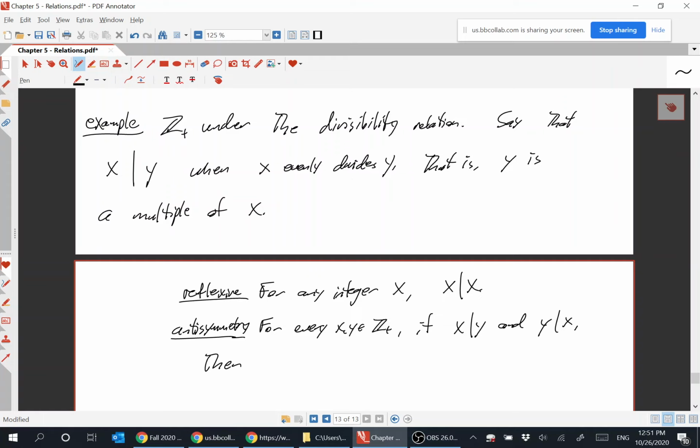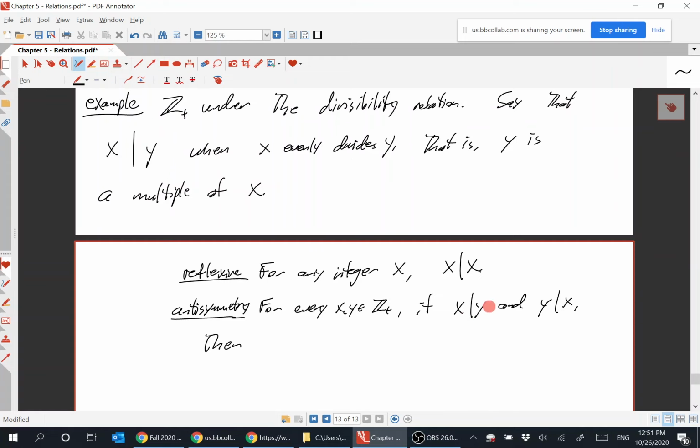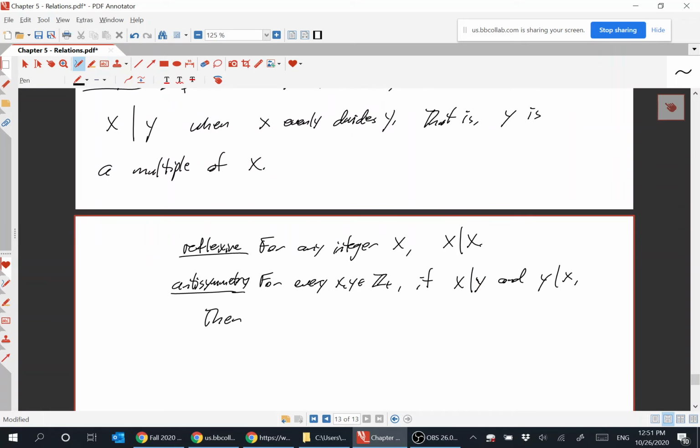Well, think of it this way. If x divides y, must x be smaller than y? Or equal to? Yeah. If x divides y and y divides x, then x has to be less than or equal to y. Nothing bigger than y can divide it evenly. And if y divides x, then y has to be less than or equal to x. So, yeah, x equals y.